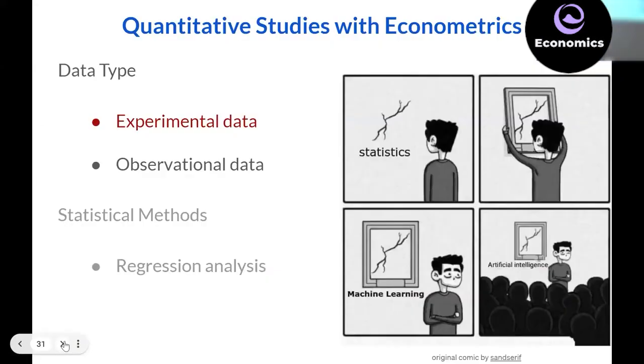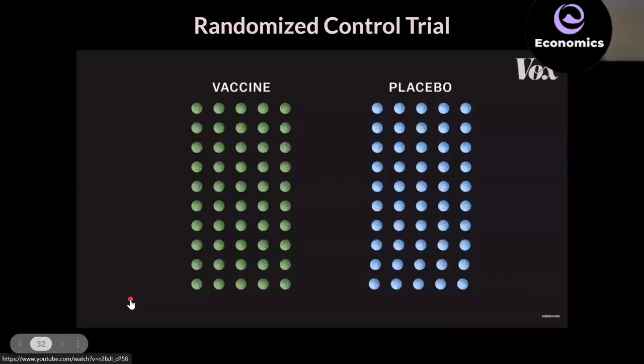Okay, so one way to tease out a causal relationship is to do experiments. And then we get experimental data. So the idea is that through an experiment, you manipulate only one thing.